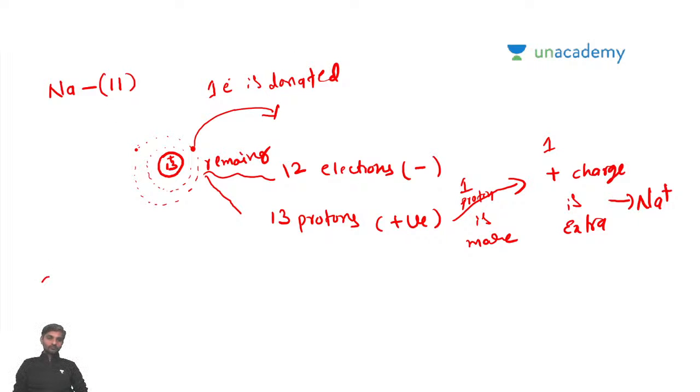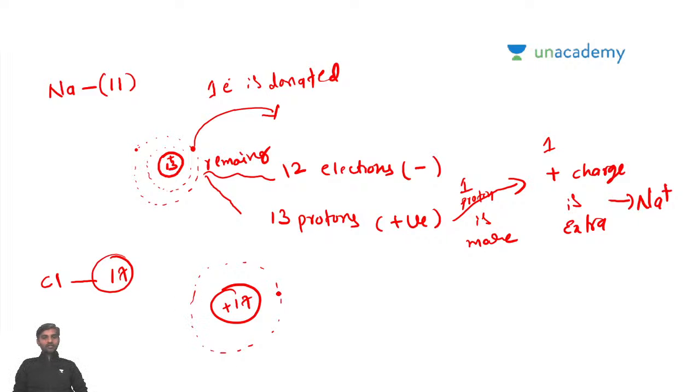Similarly, chlorine. For chlorine, at the nucleus we will be having 17 positive charges, and you will be having 17 electrons.